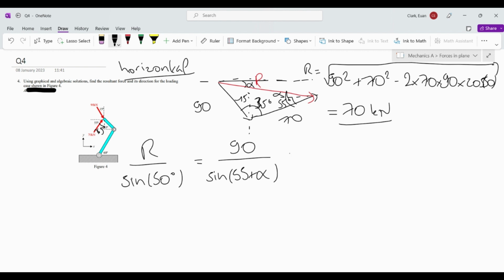Here we go, and we can do the last one again, which would be 70 over sine of this angle here, but we don't need it. That's perfect.